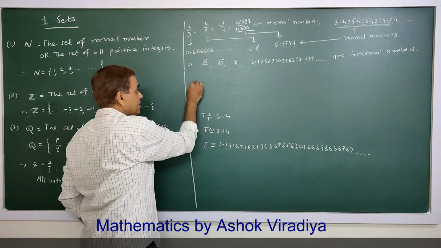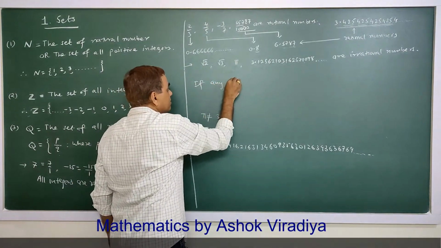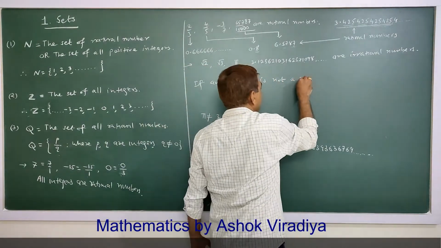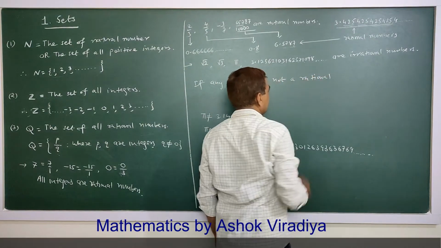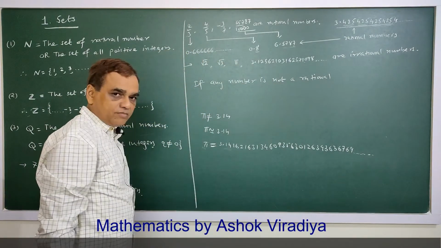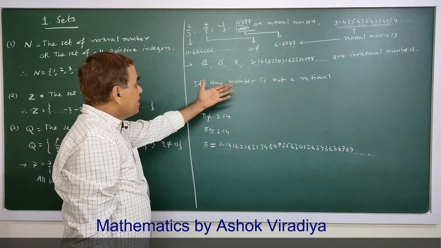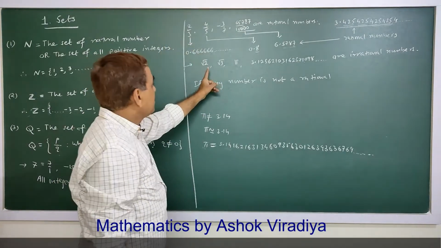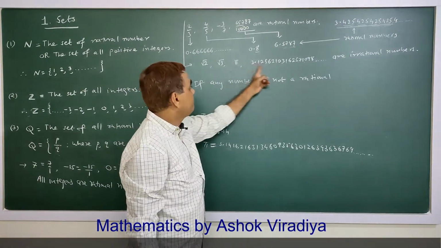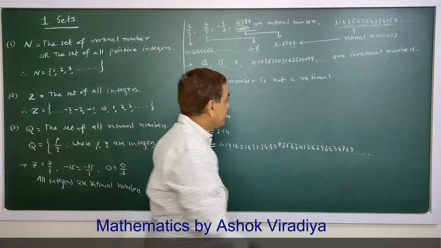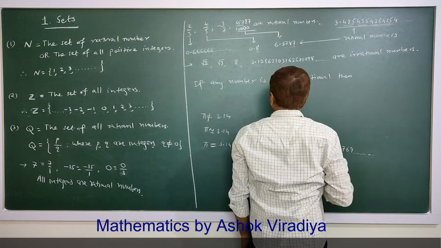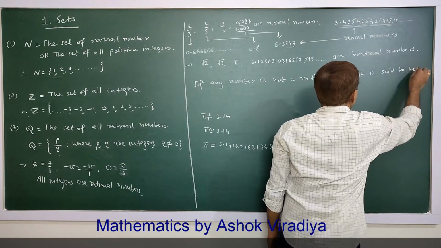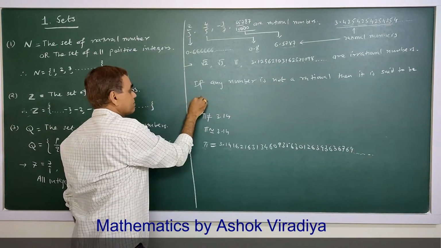So if any number is not rational, means if a number cannot be expressed in P by Q form, then it is said to be an irrational number.